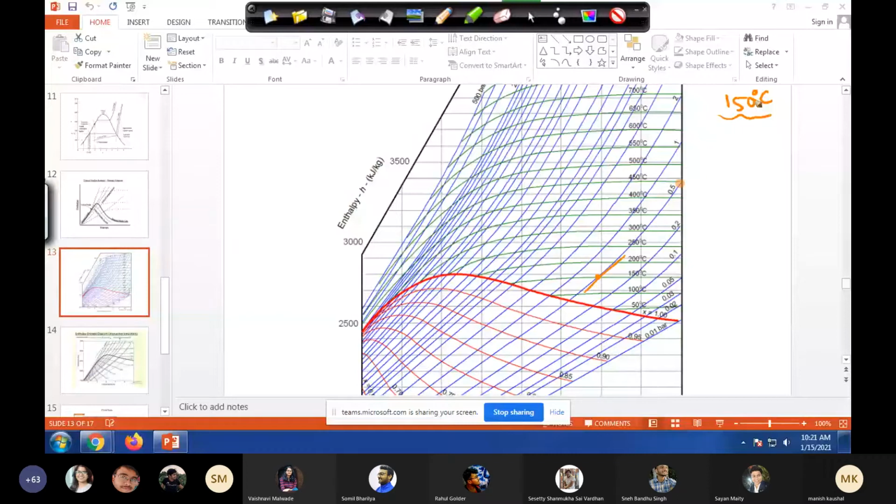Then what will happen? If slope is same, temperature is also same. So then you went to 0.2 bar line, and you started drawing various tangents. Let's say I draw a tangent here, and when you draw it here, you found that again it is coming 150 degrees Celsius.